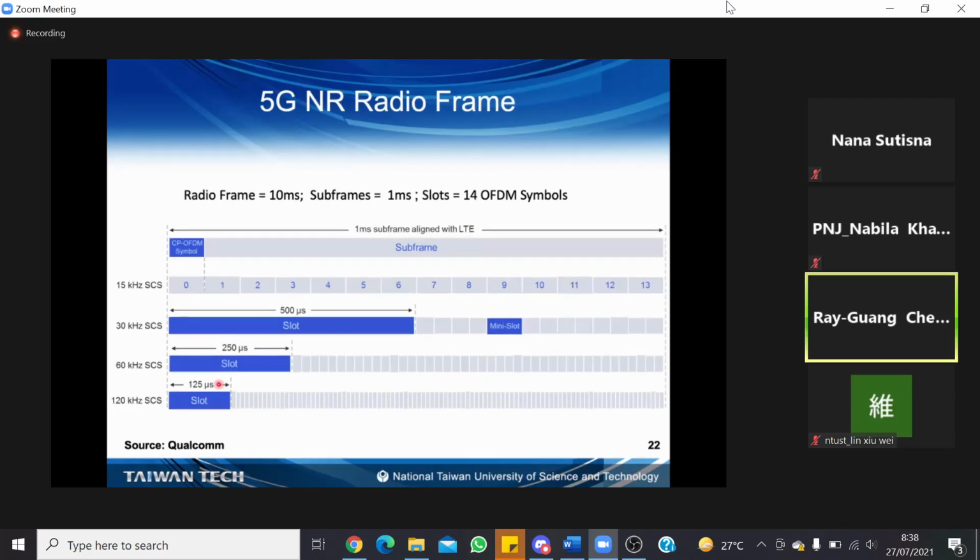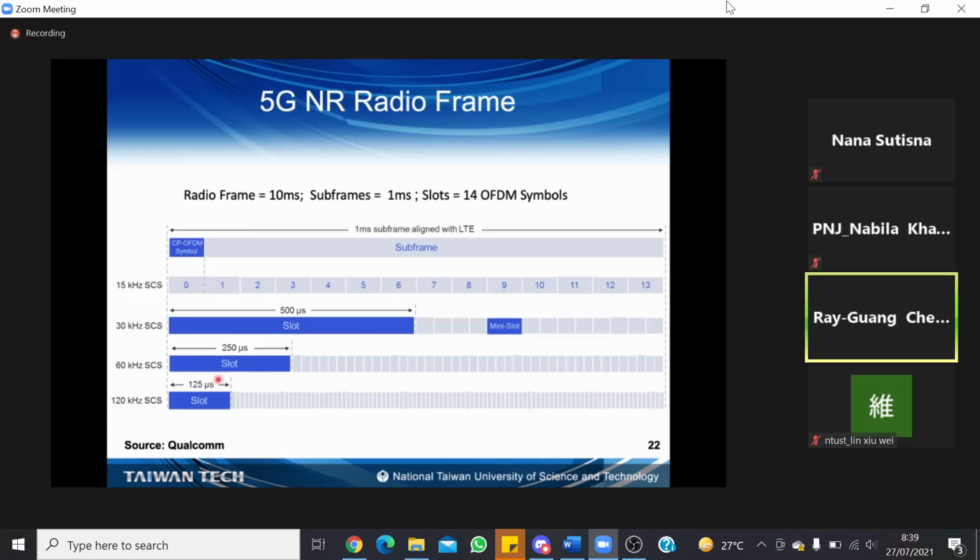Why is this important? Because in LTE, the scheduling is based on the subframe, so the scheduling interval is 1 millisecond. Whenever you move to 120 kilohertz, you are able to reduce the scheduling interval to 125 microseconds.